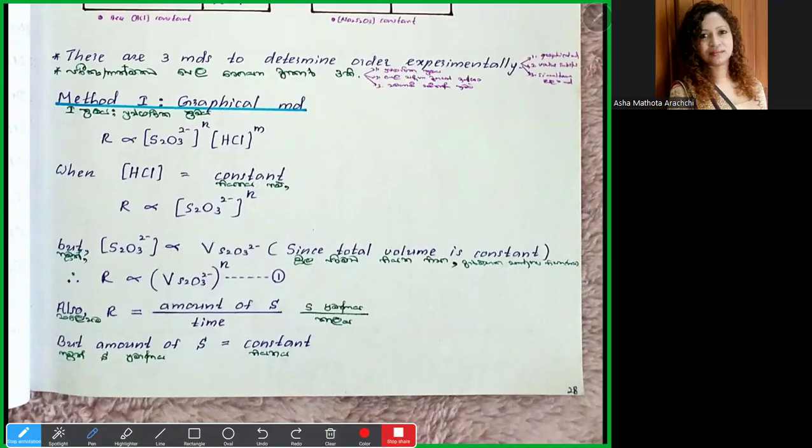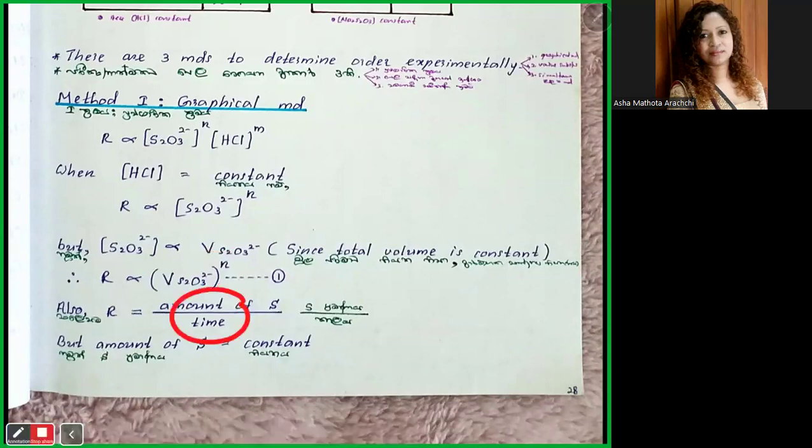Then again, the same time. Can we say the amount of sulfur is constant? Each time, same sulfur, same cross covering. So the rate equals amount of sulfur divided by time, but the amount of sulfur is constant, so I can write K here. Then again, I have two R's. R equals V(S2O3) to the power n. R equals K divided by time.